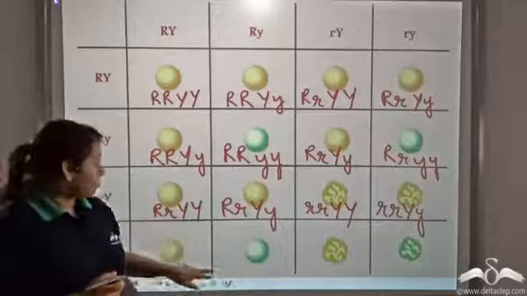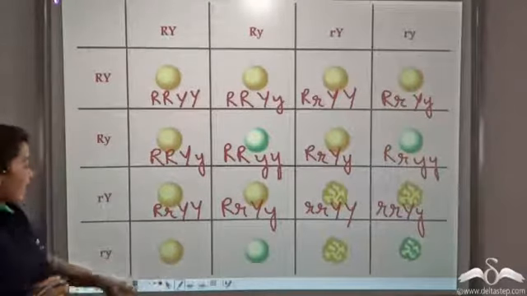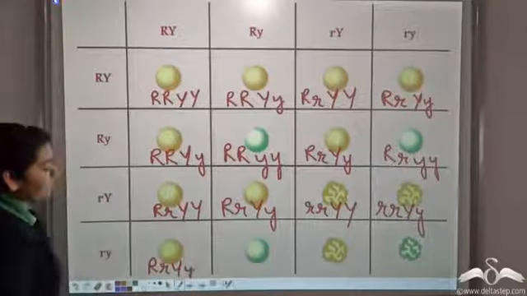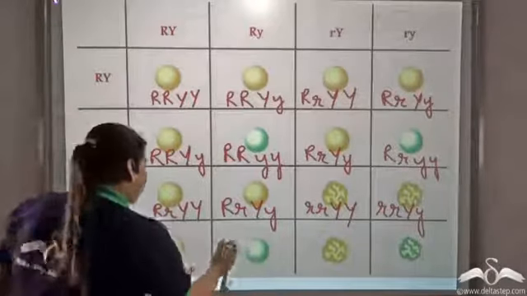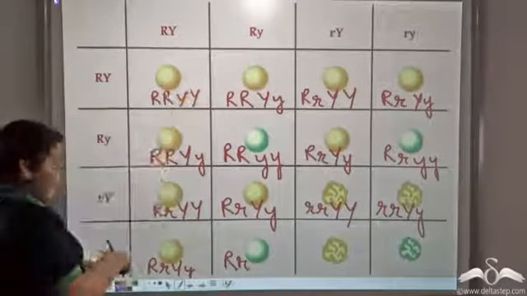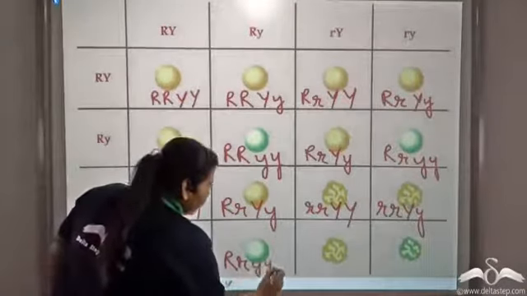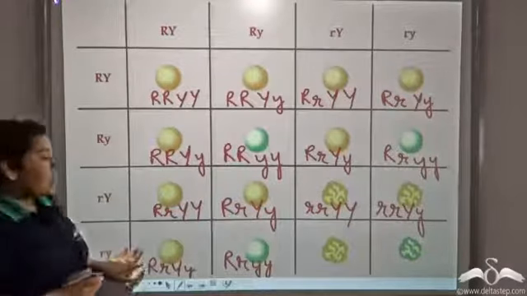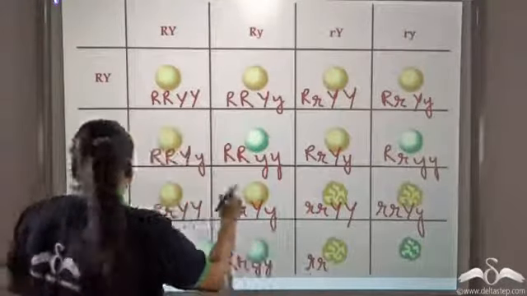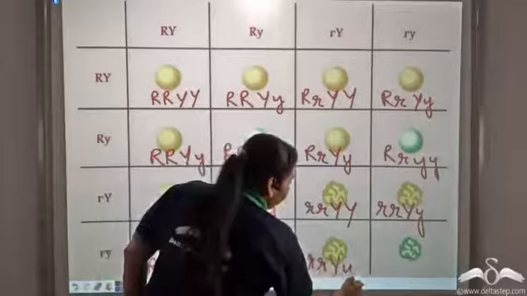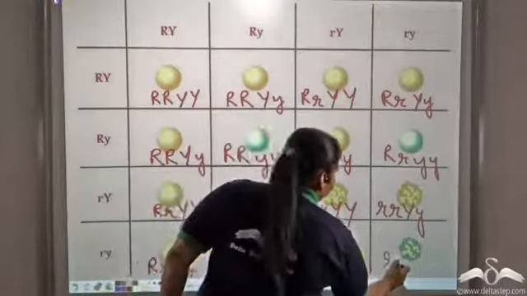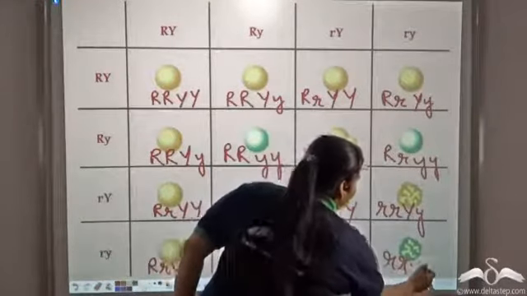And finally, the last row: this seed has the genotype capital R, small r, capital Y, small y. This one, capital R, small r, small y, small y. For this one, it has small r, small r, capital Y, and small y. And finally, this seed has the genotype small r, small r, small y, small y.